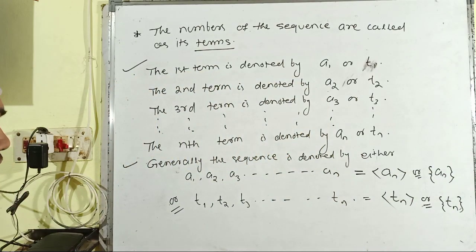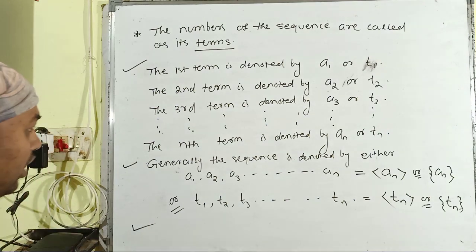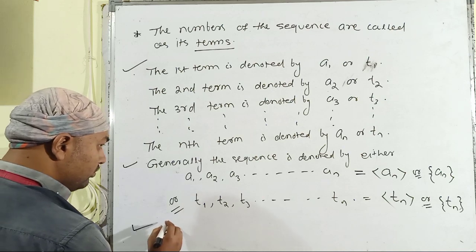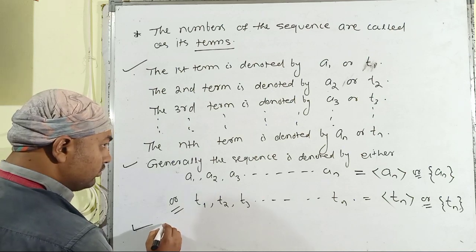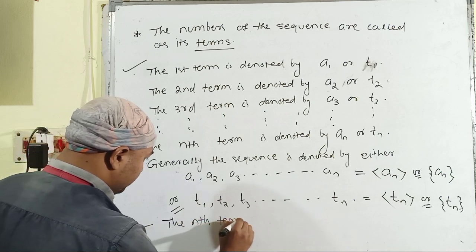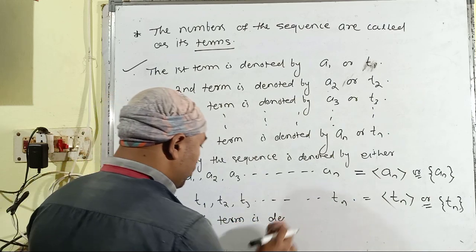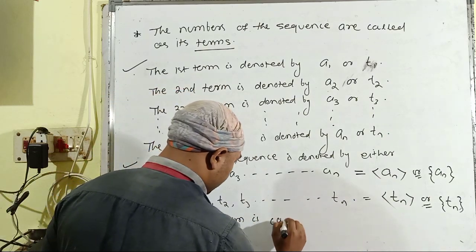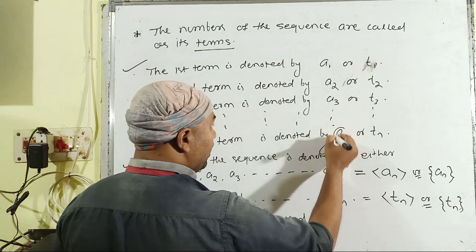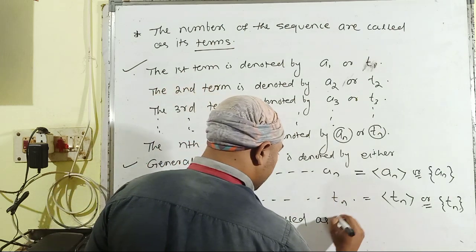Then moving forward to the next fundamental of the sequence chapter, the nth term, this term An or Tn, is also called the general term.